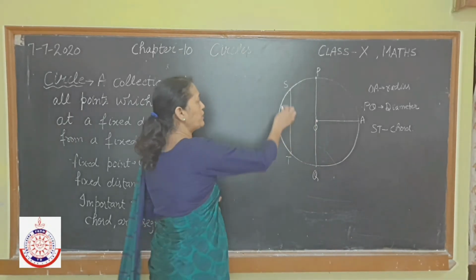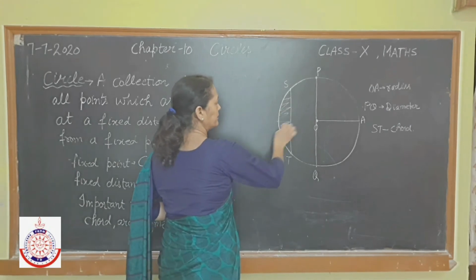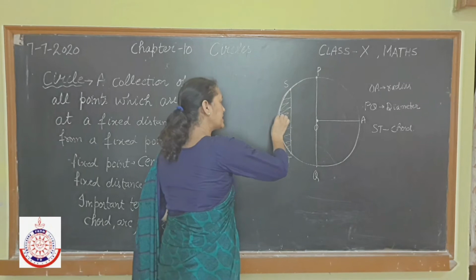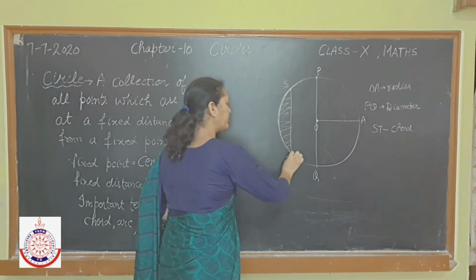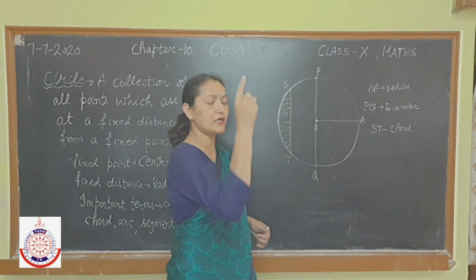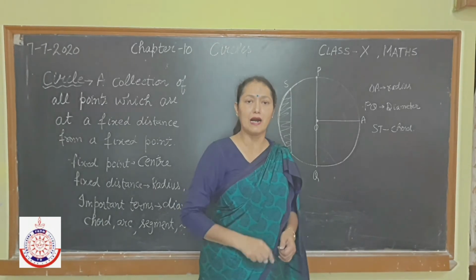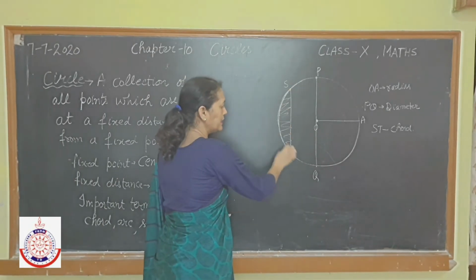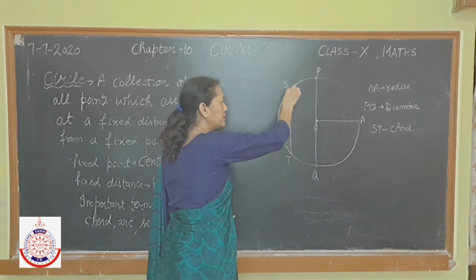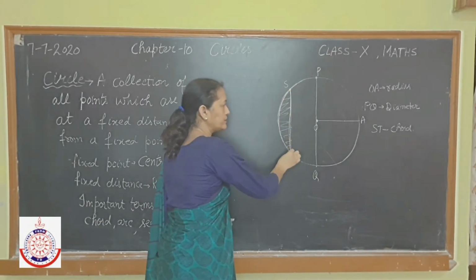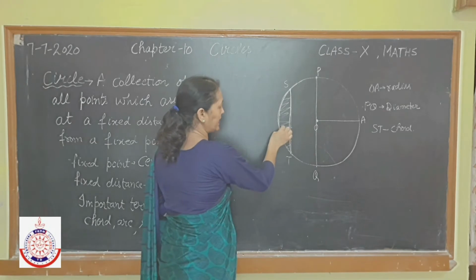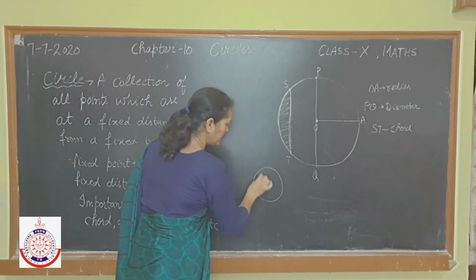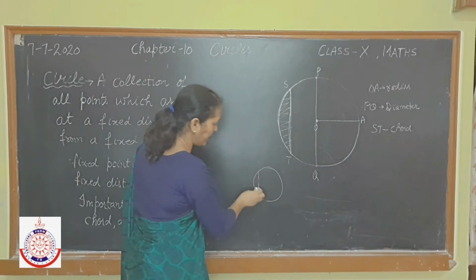Now this portion which is being enclosed by this arc is the portion of the circumference. Any part cut from the circumference is called arc. So the area enclosed between the arc and the chord is called segment. When we draw a chord, we have obtained 2 parts.